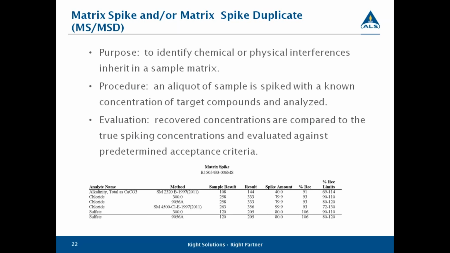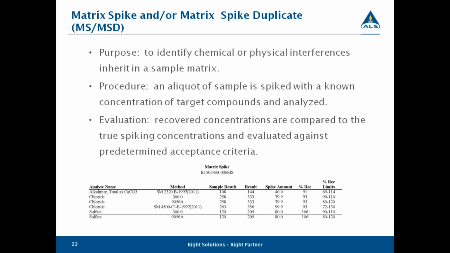However, we can do this for virtually any analyte, on the inorganic or organic side, at any laboratory. We're actually taking your sample and spiking it with a known amount of the target contaminants. How we evaluate this: the recovered concentrations are compared to the true spiking concentrations and evaluated again against predetermined acceptance criteria.